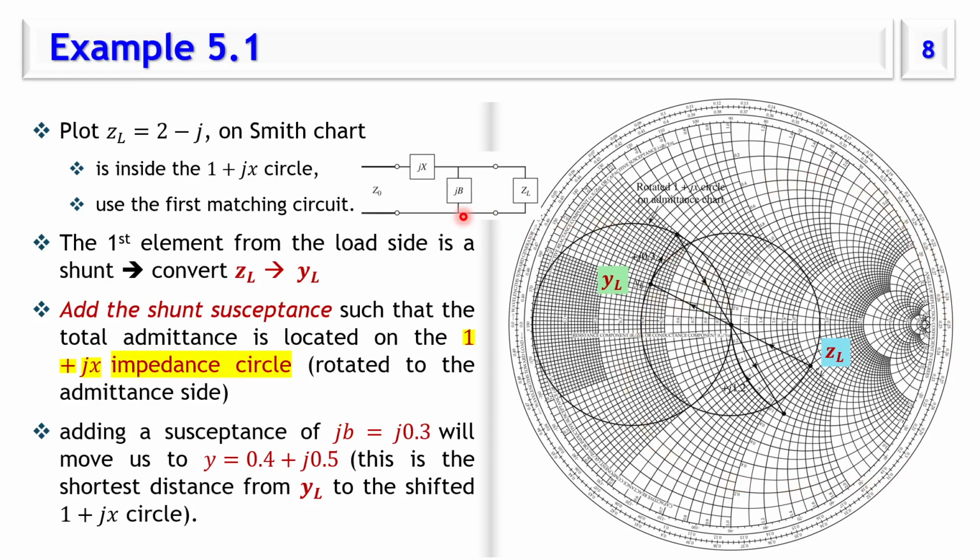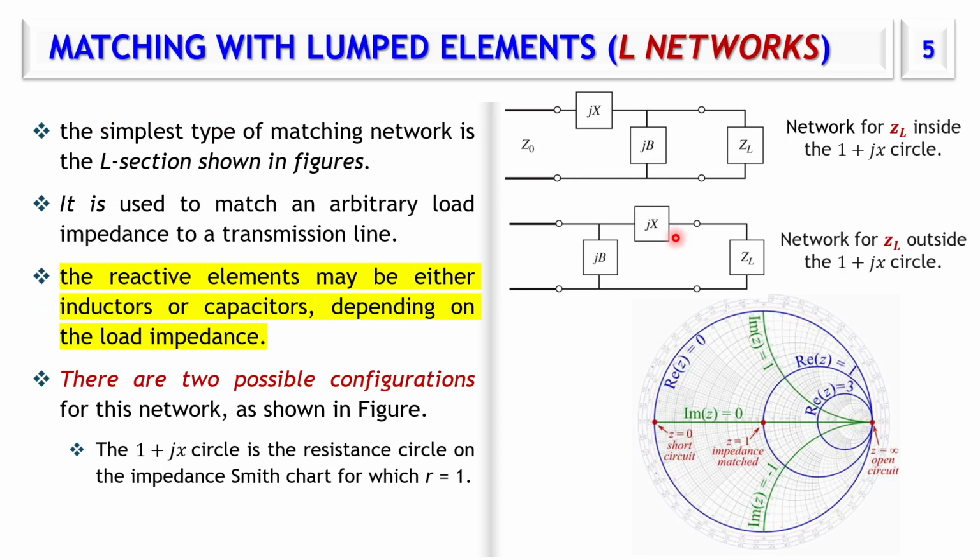So how much do we need to move? We're going to move just to reach an intersection with this circle. This circle is the locus for z equal 1 plus jx, when we deal with the z impedance Smith chart. If we want to map this circle to the y Smith chart, it would be the mirror.